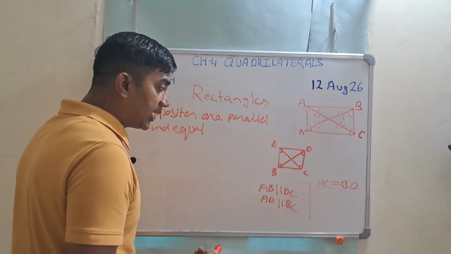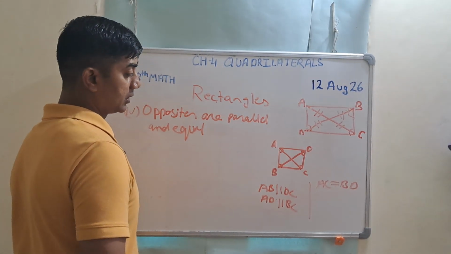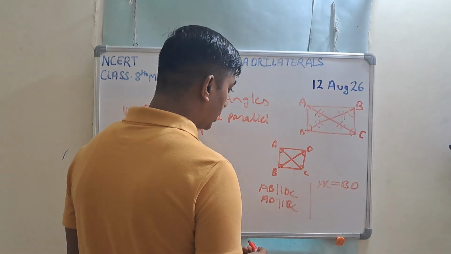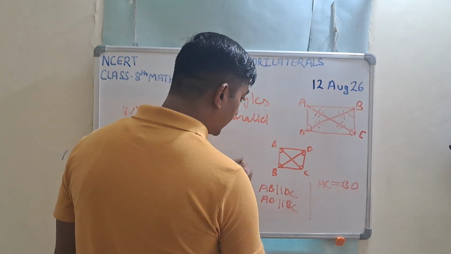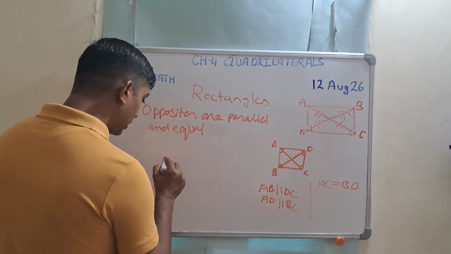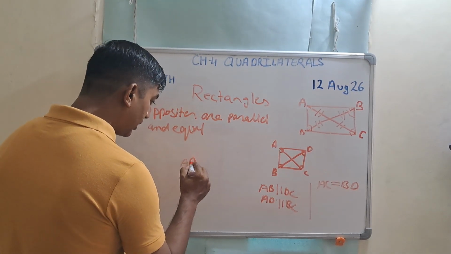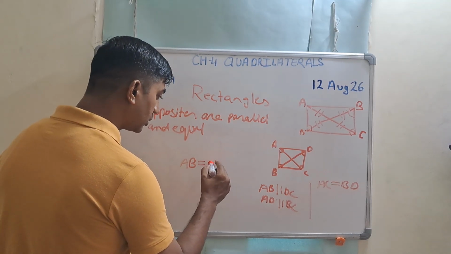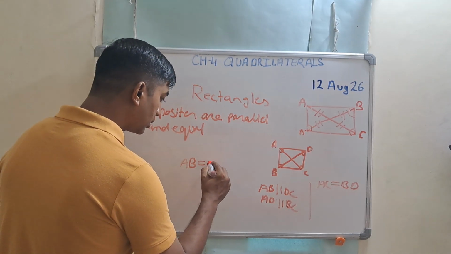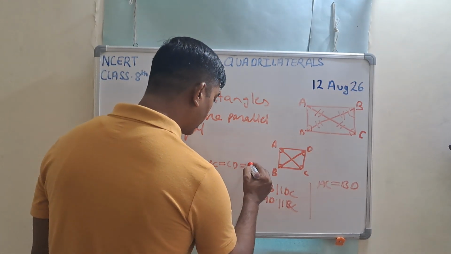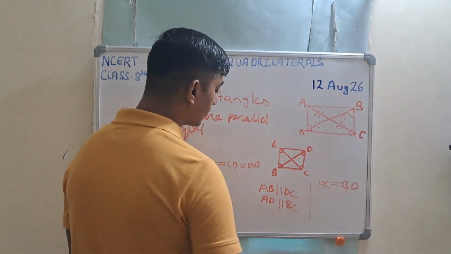In addition to that, we have one more property or one more feature of this figure. What is that? That AB is equal to BC is equal to CD is equal to DA.